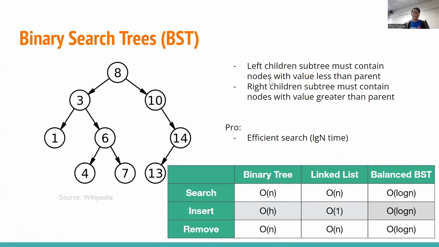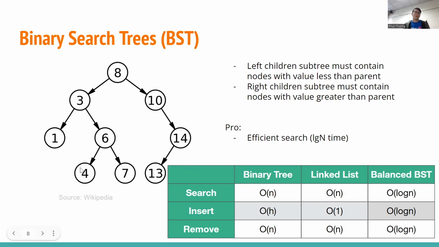So binary search tree, the definition is that all the left subtree of a node has to be less than the current node, and all the right subtree, all the values right here, has to be more than this node. And it applies recursively for every single node. So if you look at 6, 4 is less than 6, 7 is greater than 6.